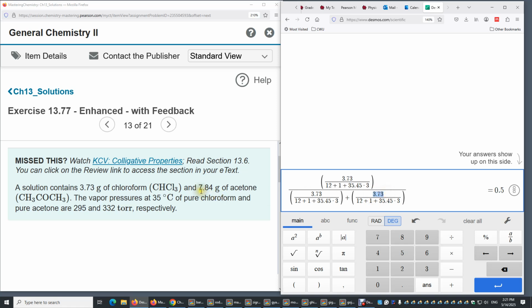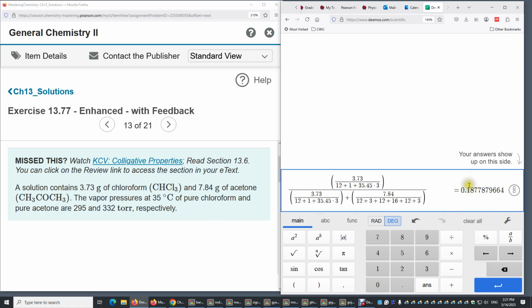For acetone, we have 7.84 grams. And then we need the molar mass of acetone. We have carbon, and then 3 hydrogen, and then carbon and oxygen, and then carbon and H3. Alright, we've got the mole fraction of chloroform, 0.188.